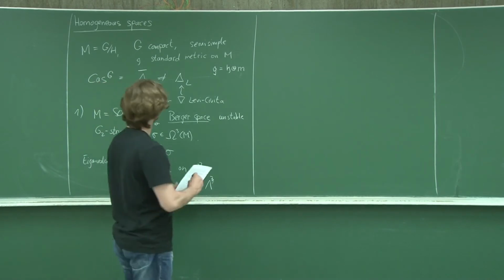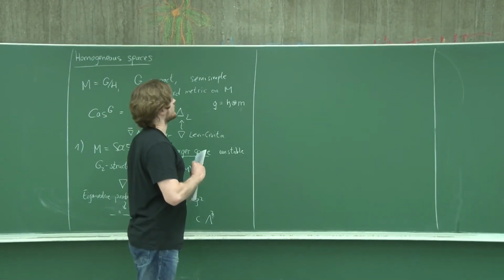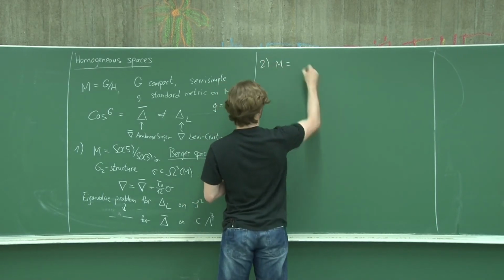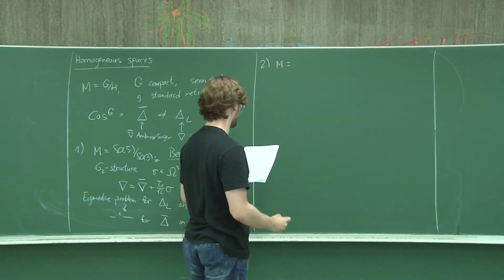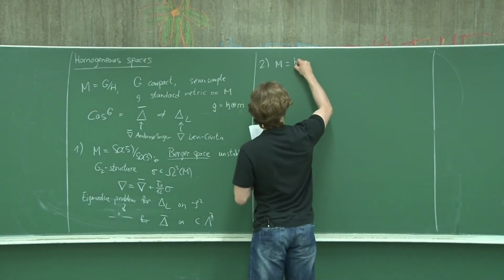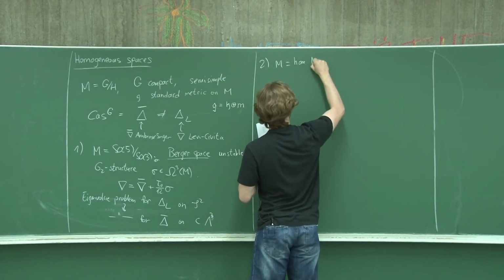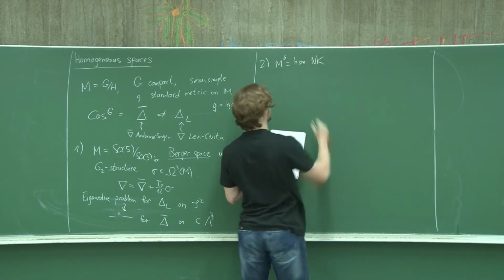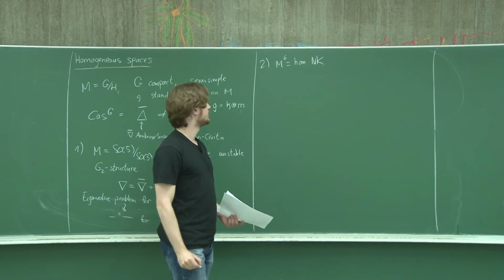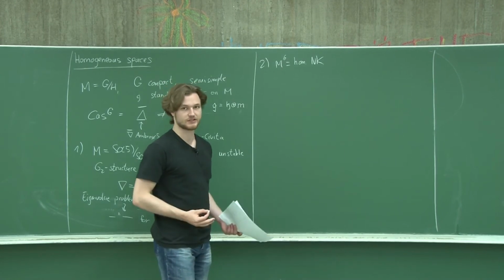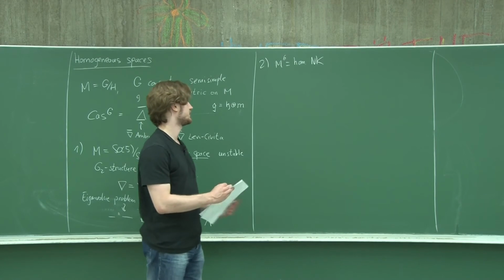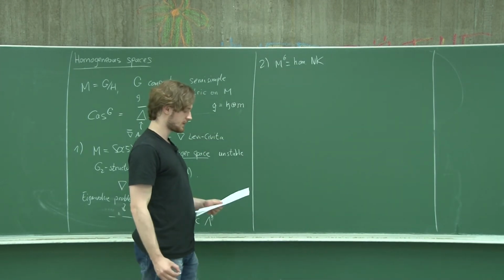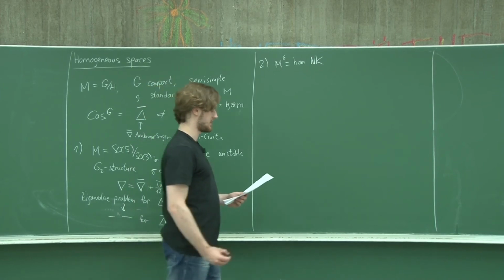Okay, second example. Let me pull that down again. We take our manifold to be any homogeneous nearly Kähler manifold of dimension 6. So there's a classification of homogeneous nearly Kähler manifolds. There are essentially 3 interesting examples. And yeah, what do we have?